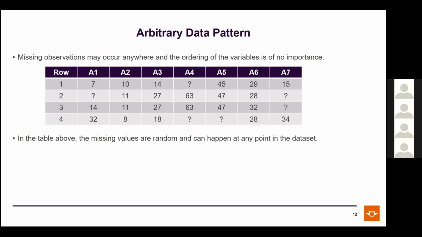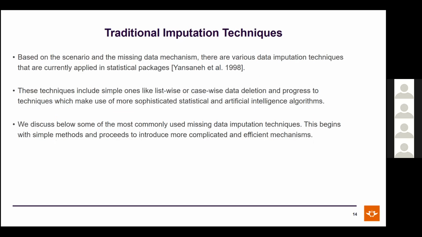Looking at this table again, if I'm applying listwise or case-wise, I basically go from 4 records to 0, because that's what listwise or case-wise speaks to.